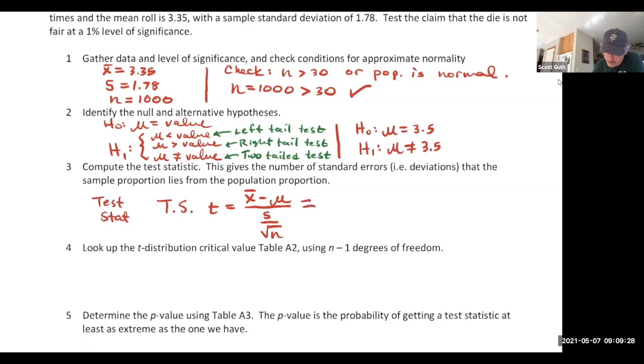All right, so our X bar is 3.35. The mean is supposed to be 3.5. Standard deviation is 1.78, and square root of n is 1,000. So if you would please compute this, and when you get it, just unmute yourself and let me know what you get.